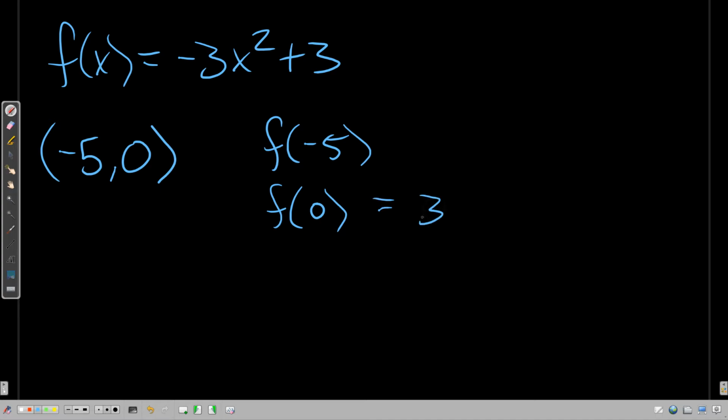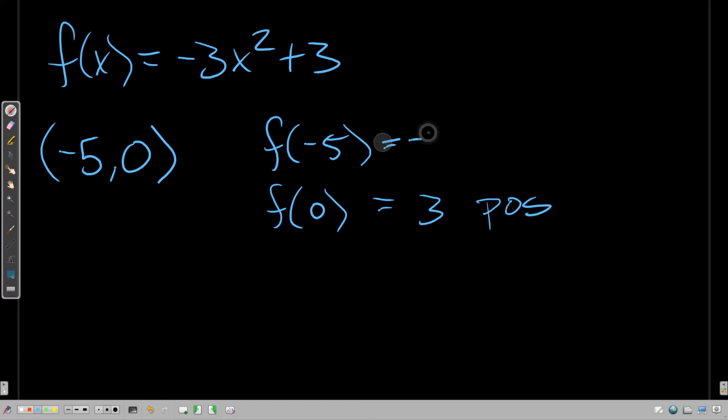F of 0 is the easiest one to do because it's 3, so it's positive. Well, then I will know by intermediate value theorem that there's some point in here, I don't know what it is, but it would be in here, and it would cause f to be 0, and that would happen if this was negative.